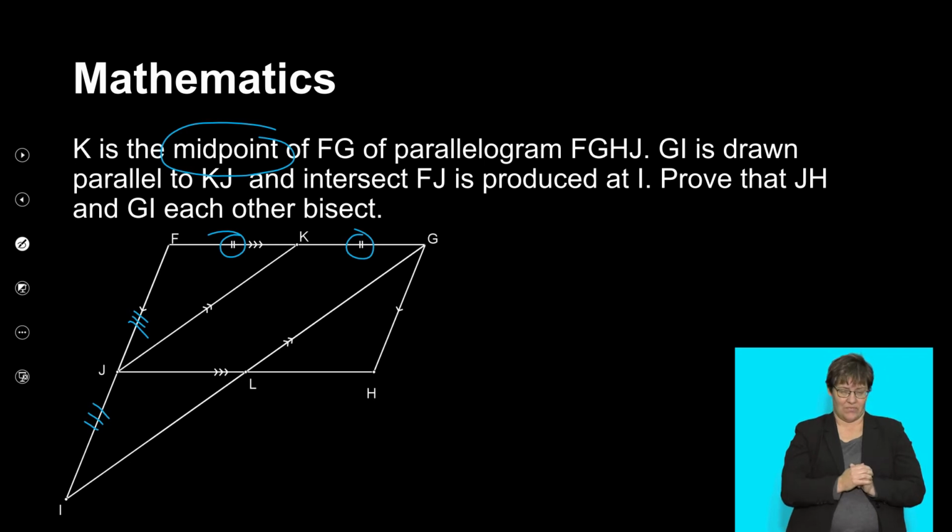And then also it intersects FJ that is produced at I, which is just a point, and then prove that JH bisects GI, right? So we need to prove some equality there. The J and the G are really confusing at times.